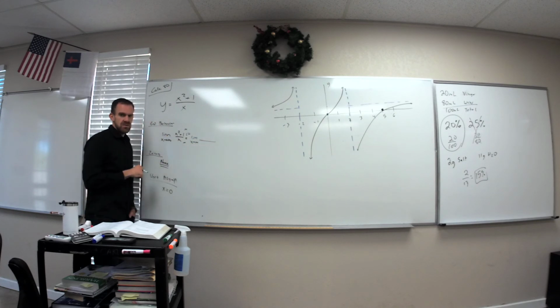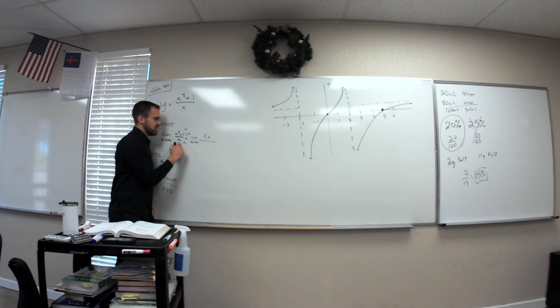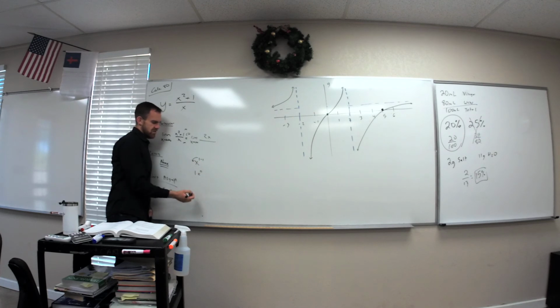What's the derivative of x squared plus 1? 2x. What's the derivative of x, Michael? Derivative of x: bring down the power, subtract 1. So you get 1 x to the 0, which is 1.